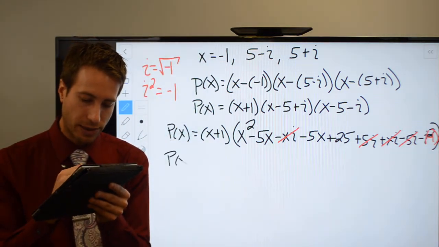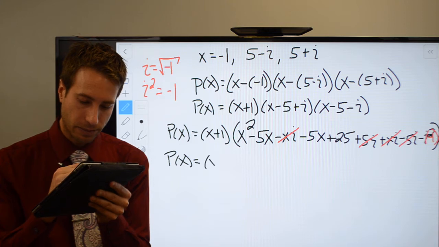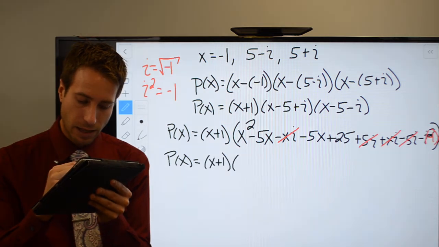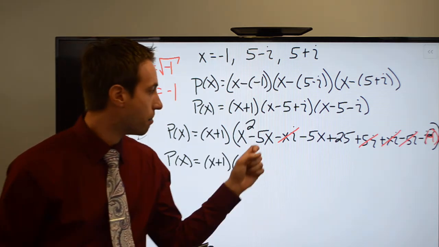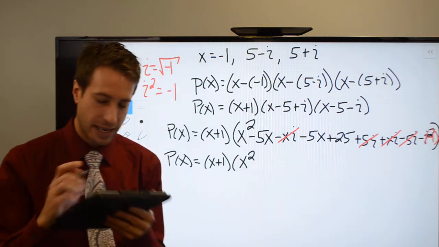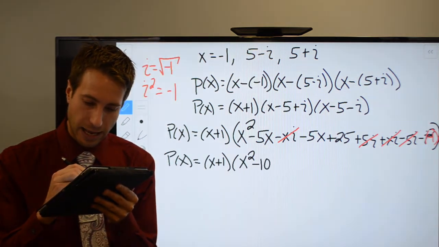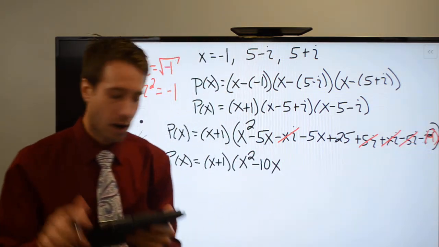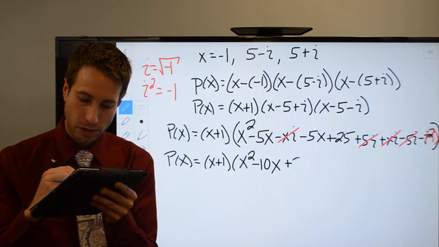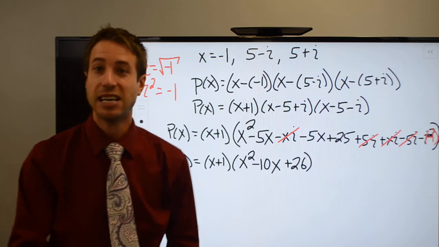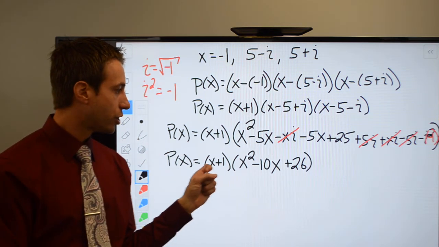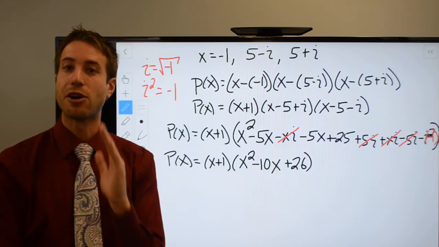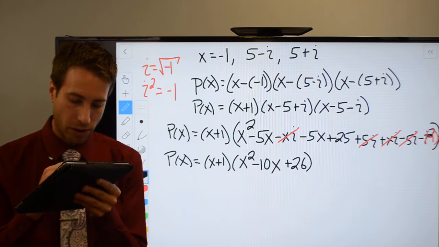So here's what that whole thing boils down to: x squared minus 5x minus 5x is minus 10x, and then positive 25 plus positive 1 is plus 26. All right, last thing you need to do is just multiply these together and you will have your polynomial.